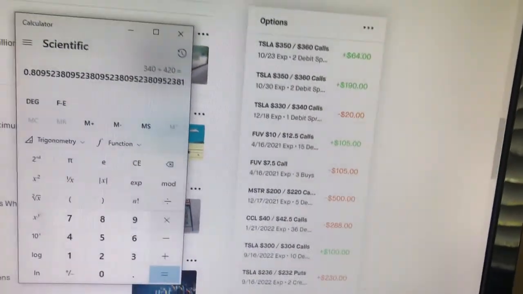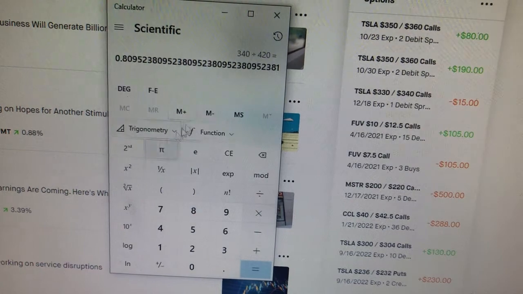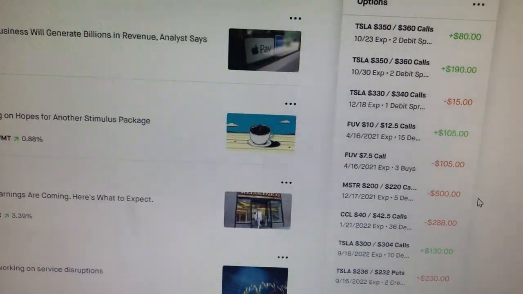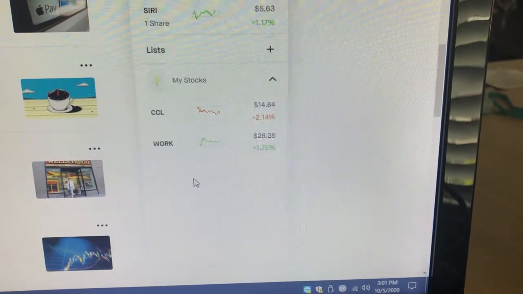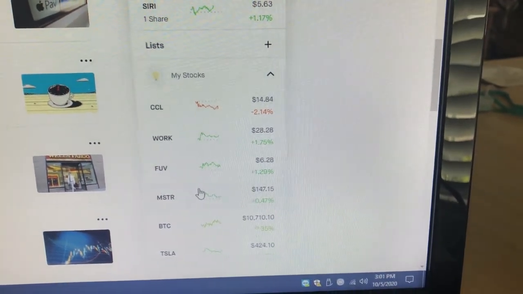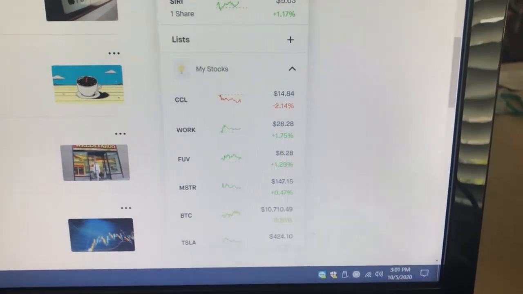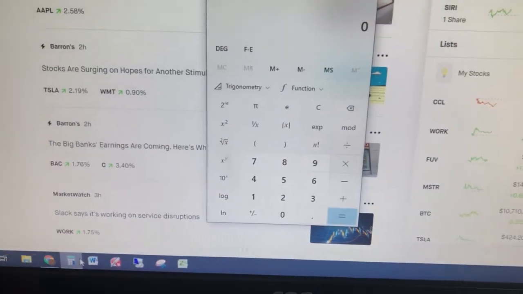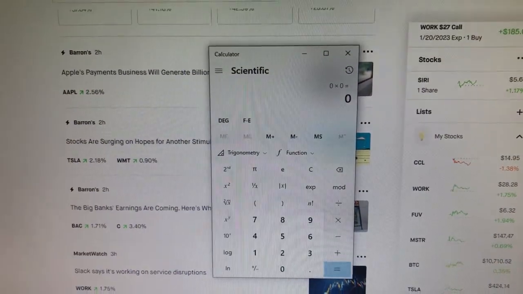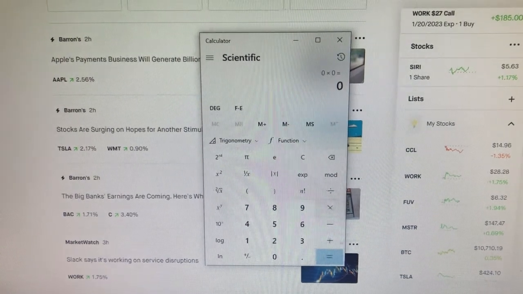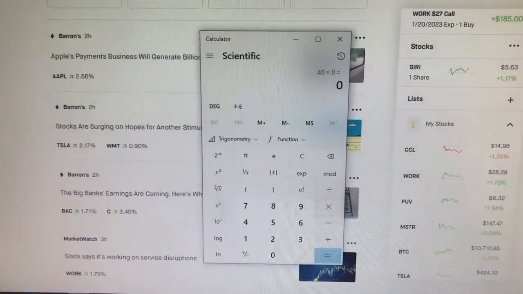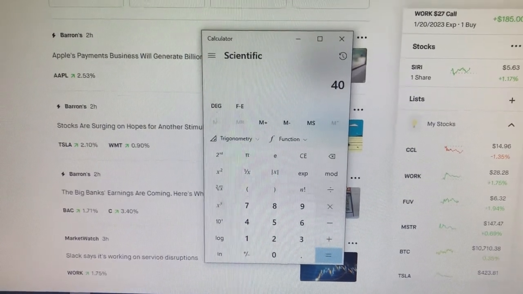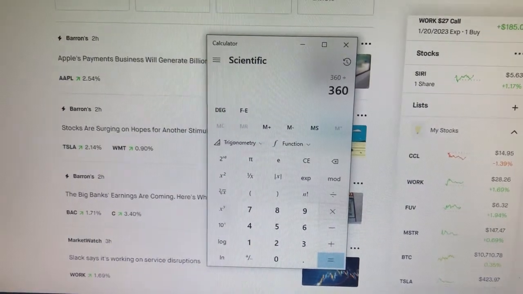Okay, so that's a basic call spread, and it's the way I recommend. Now, if you looked at that closely, you saw that it's a 40% gain, and I'm getting that gain after about 40 days from now.